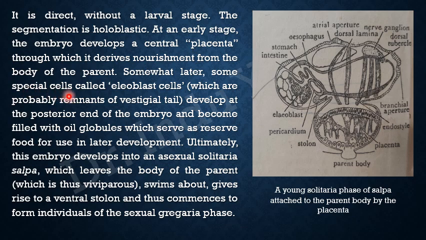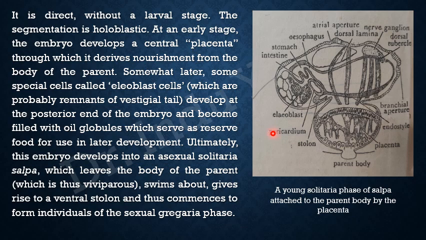Somewhat later, some special cells called elioblast cells, you can see them here in the diagram, which are probably remnants of vestigial tail, develop at the posterior end of the embryo, and become filled with oil globules, which serve as reserve food for use in later development.